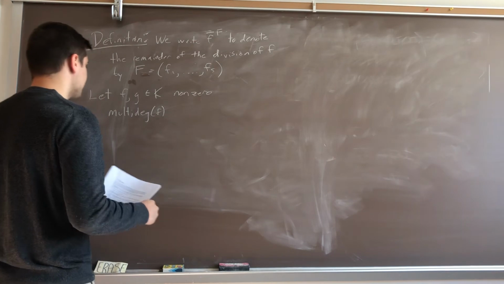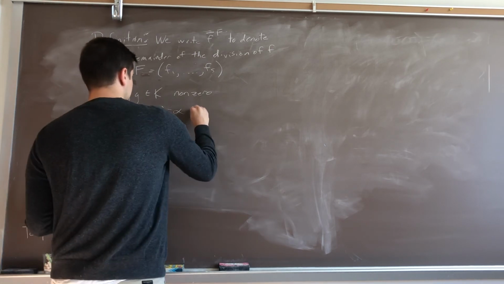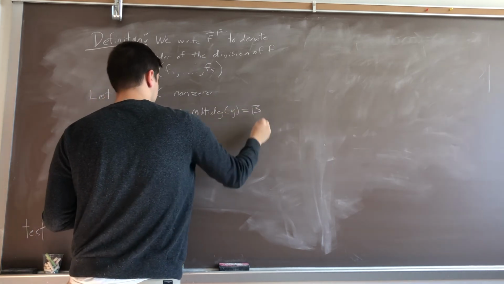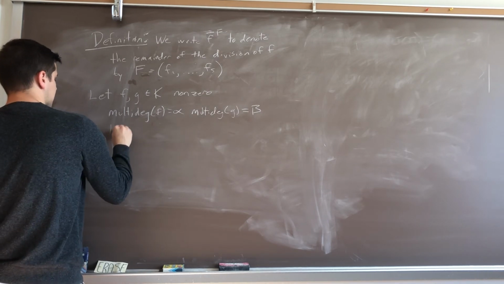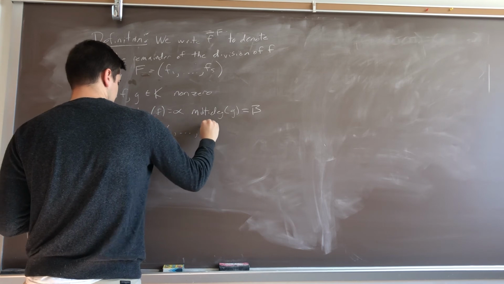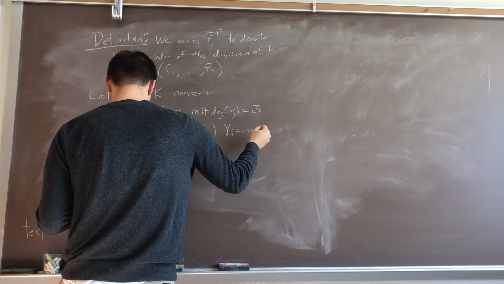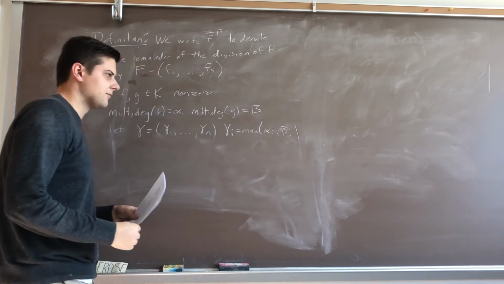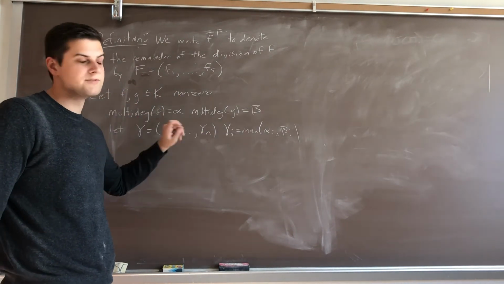It's the multiplicative degree. Okay, but if this is alpha and the multi-degree of G is beta, and then we let gamma be this ordered set, gamma 1 all the way through to gamma n, where gamma i is the max of alpha sub i and beta sub i, which would just be like the multiplicative degree of each variable, because remember we have n different variables in our ring.